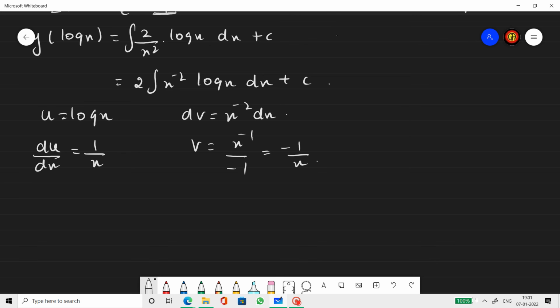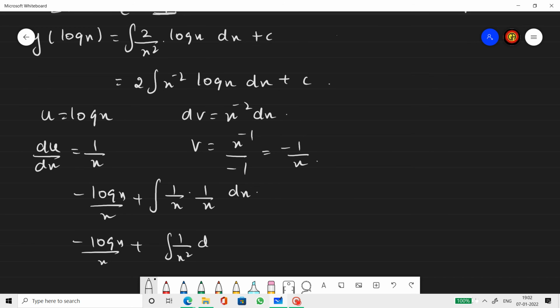So applying the formula, we get uv, which is minus log x by x, minus integration of v du, minus of minus is plus, 1 by x into 1 by x into dx. So that is minus log x by x plus 1 by x square into dx.